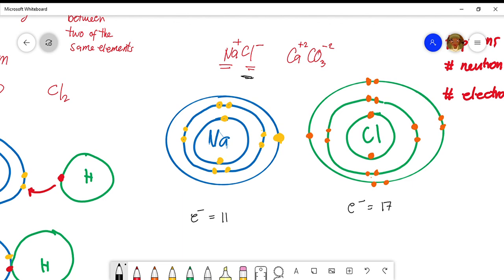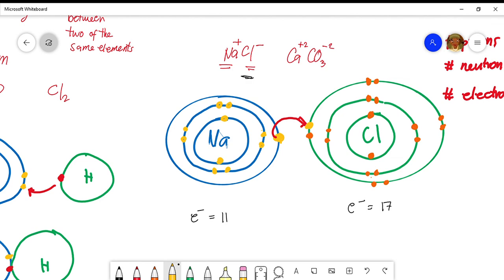And if it's ionically bonded with sodium, the electron in the outer shell will transfer here. Then it will have 18. Together, this compound has 28 electrons.